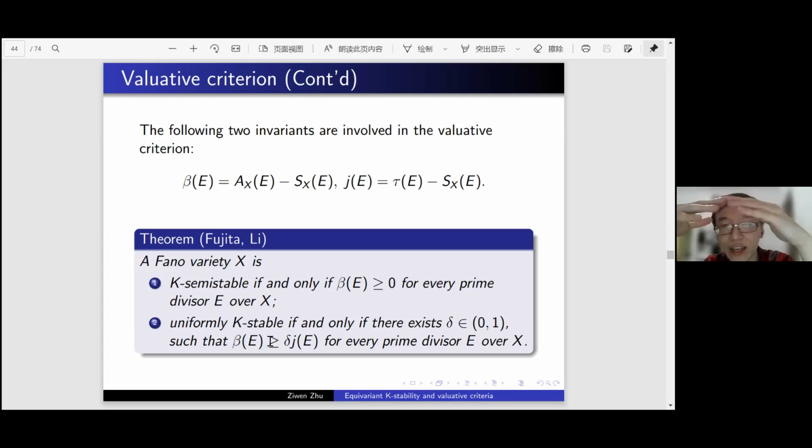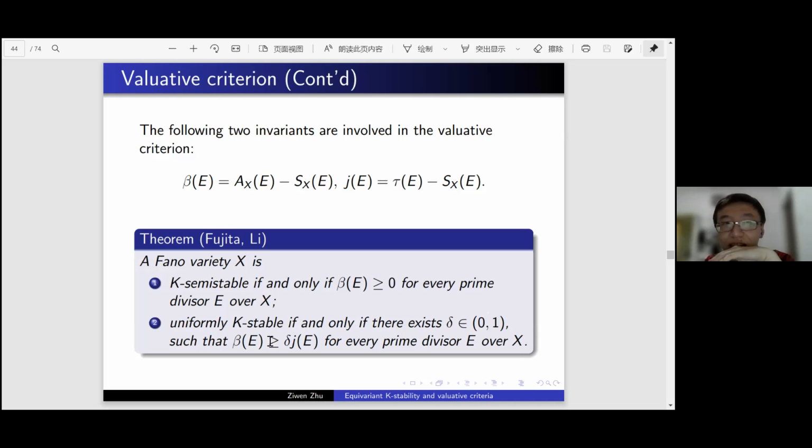So in fact, K-stability implies slope stability. But I think there is also some work on this relation, which involves birational superrigidity as well.